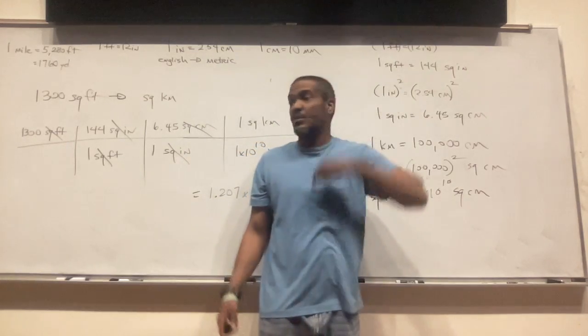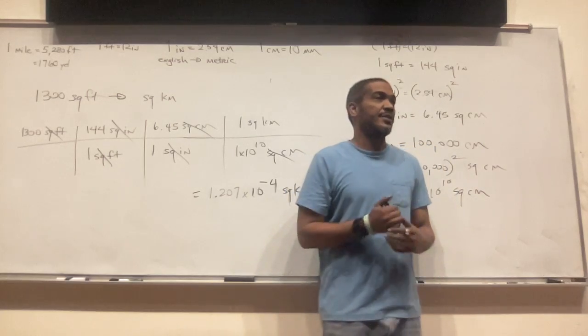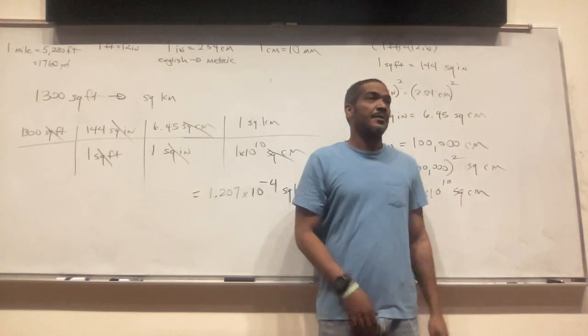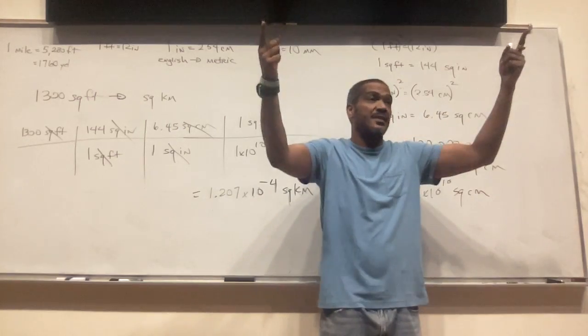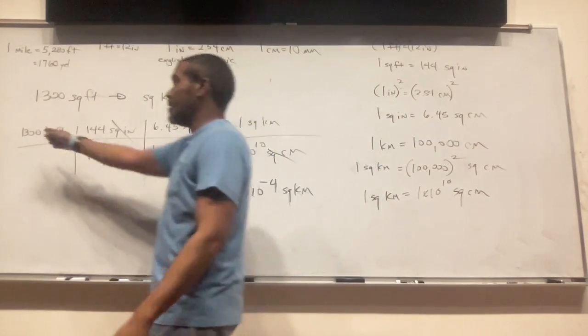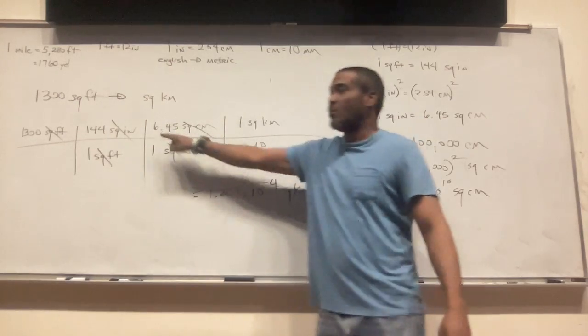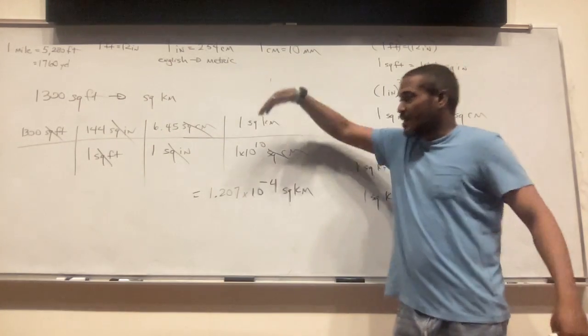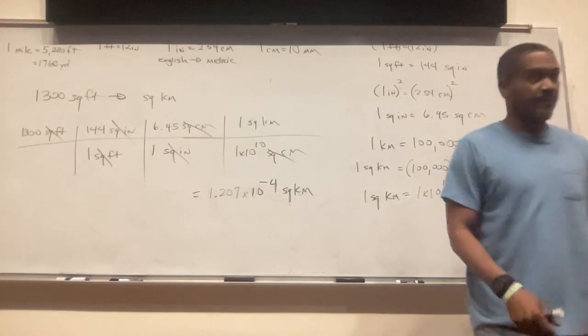On the TI, you can put it in here just like this. That's why I urged you to get the TI. You should be able to just put it in here just like this. You've got to make sure you're using the parentheses. Open parentheses. 1,300 times 144 times 6.45 times 1. Close parentheses. Then divide.